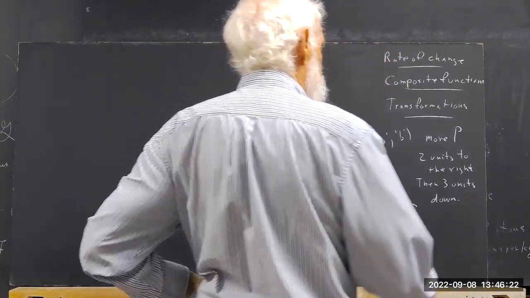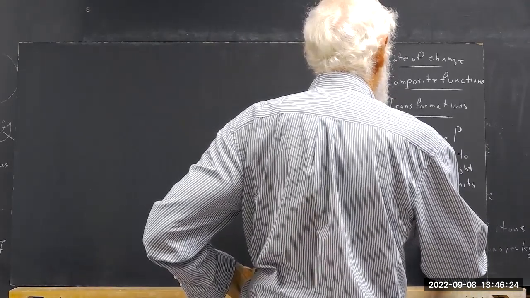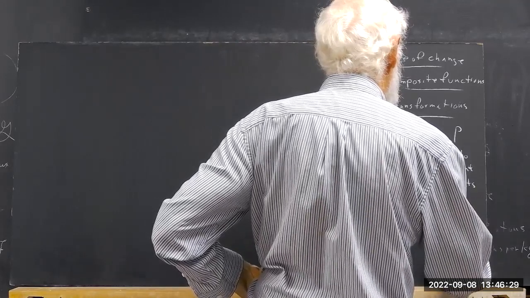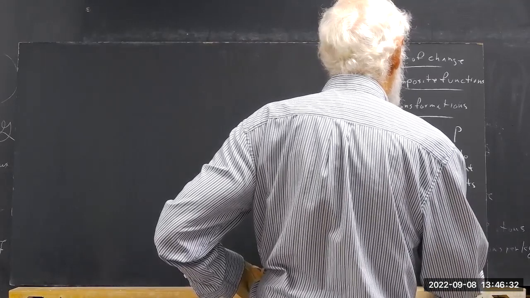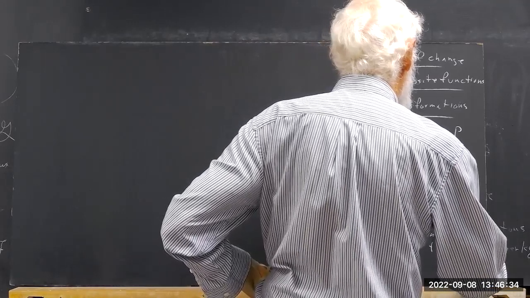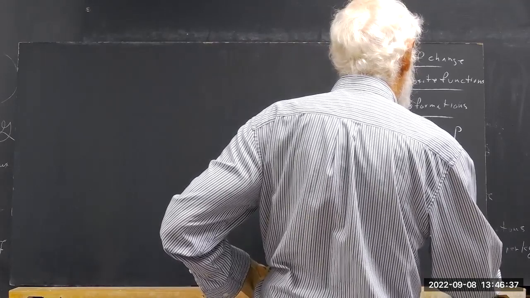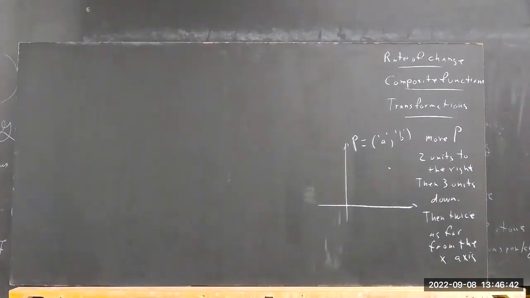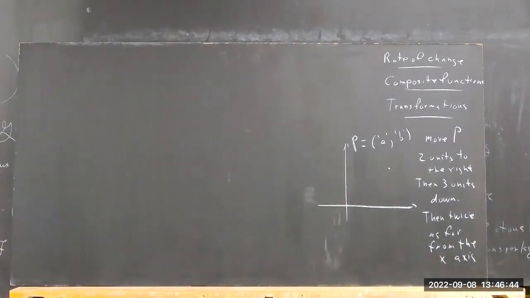Then 3 units down. Then twice as far from the x-axis. So take a minute, we got 5 minutes left. Give you about 2 minutes to just slop down a graph, label your point A, B, and show me what happens.